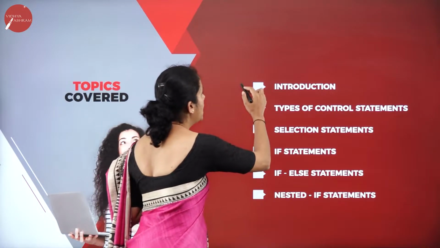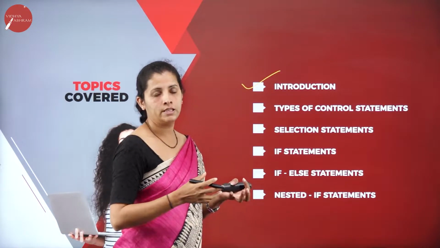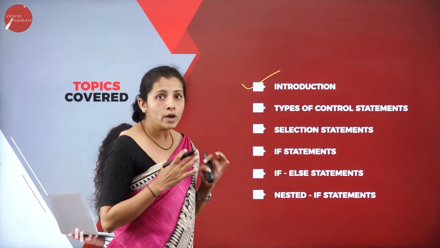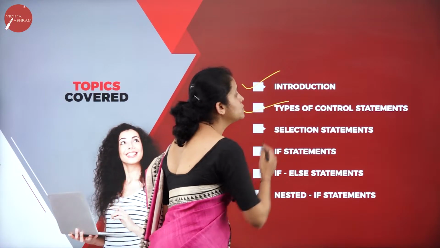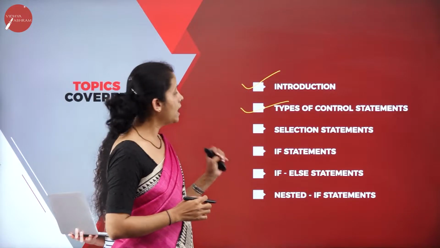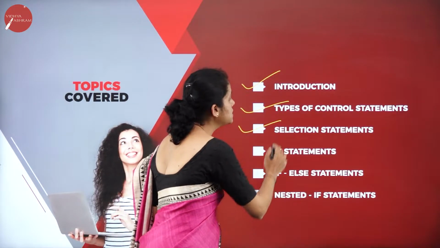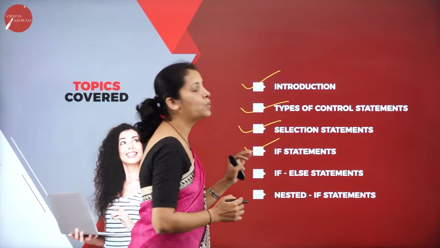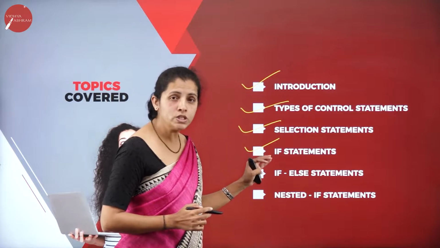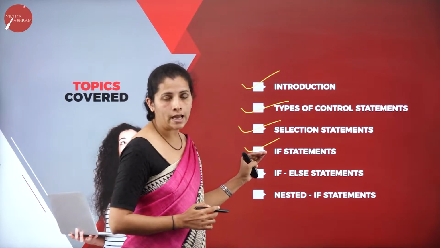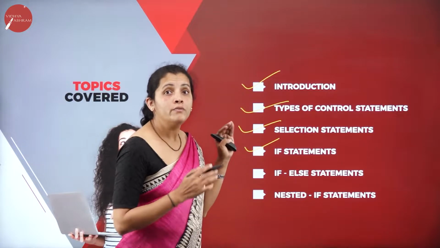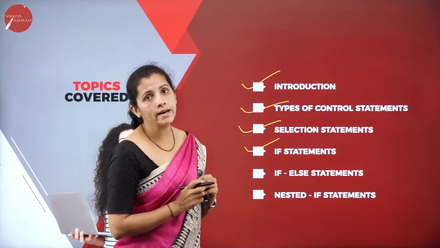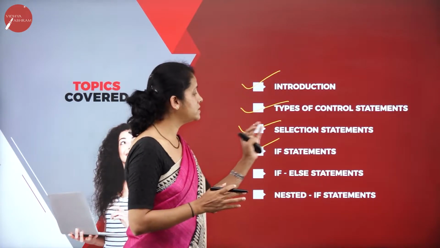At the beginning, I'm going to have an introduction about control statement. Along with that, we are going to study the types of control statement. Along with that, I'm going to discuss the selection statements. In that, I'm going to deal with what is the if statement, how to use the if statement, what is the syntax, and what is the flow chart, and I'm going to discuss how to write the program using the if statement.